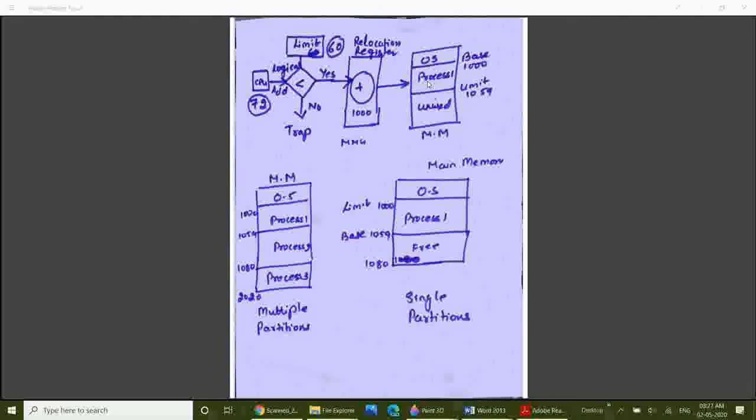You are trying to access the process P1, whose limit is 1000 to 1059. But because of this condition, that the logical address is greater than the limit, you are allowing it to access the next location, which is not feasible. Is it correct? So in that case, it will show the trap to the operating system.